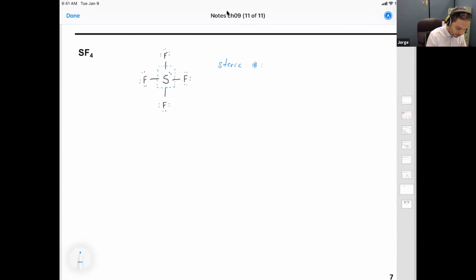We have here 4 single bonds. Each one contributes 1 unit to the steric number. And we also have 1 non-bonding pair, and that's going to add 1 more unit to the steric number. So therefore, here we get a steric number equal to 5.